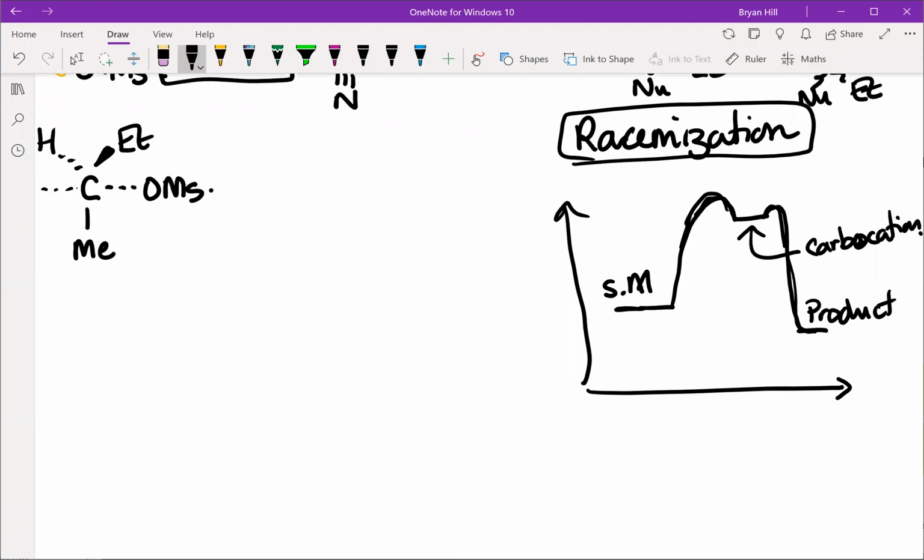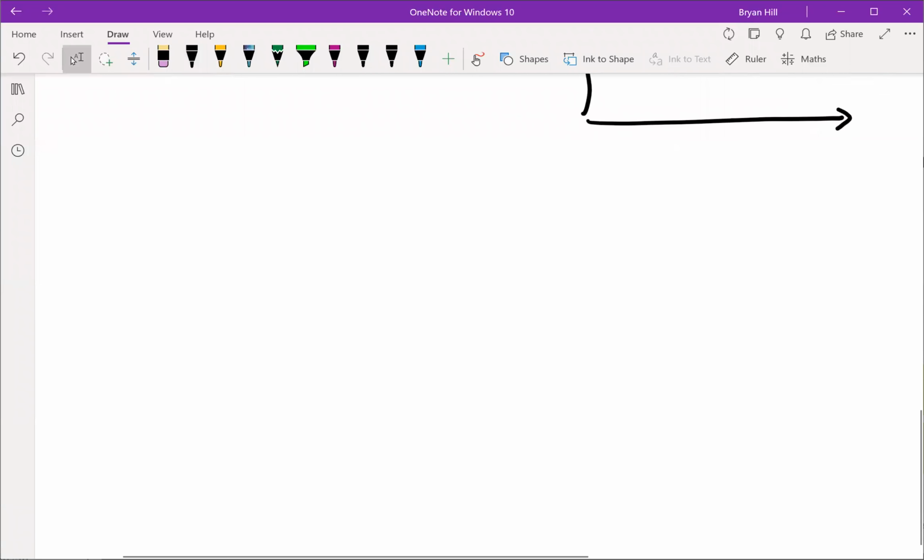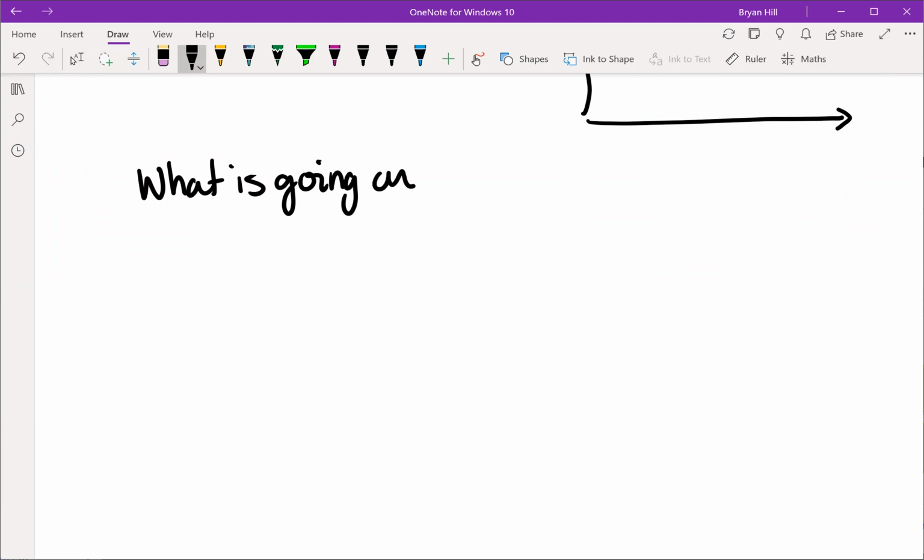So when we were doing SN1 versus SN2, there were basically 3 different choices.